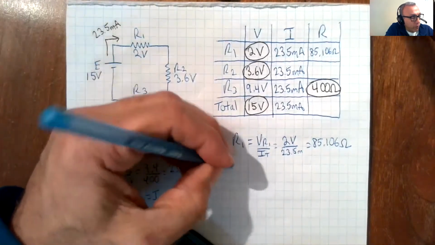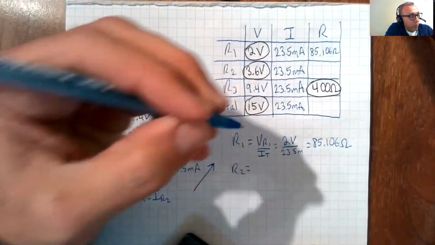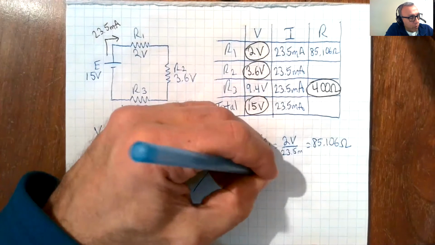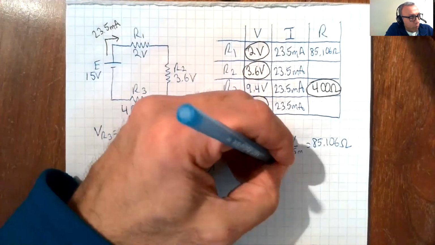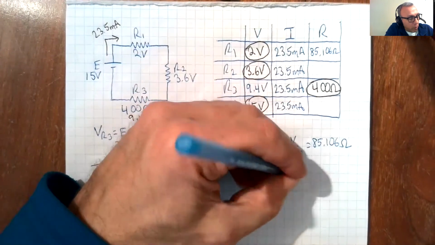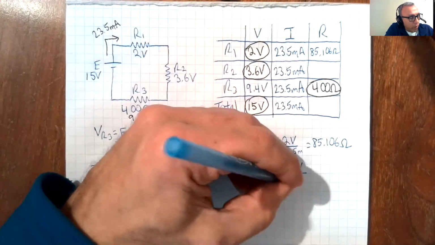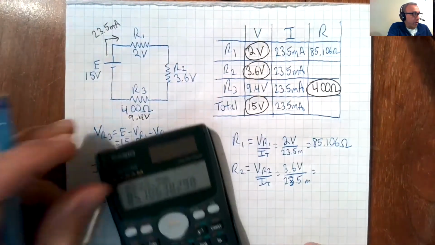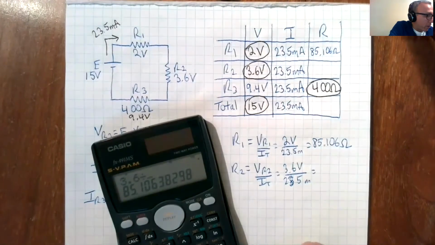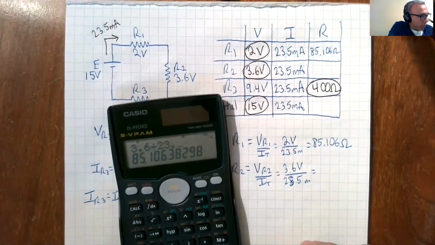Okay, so R2 is equal to VR2 over IT, which is 3.6 volts over 23.5 milliamps, which gives us 3.6 divided by 23.5 milli.